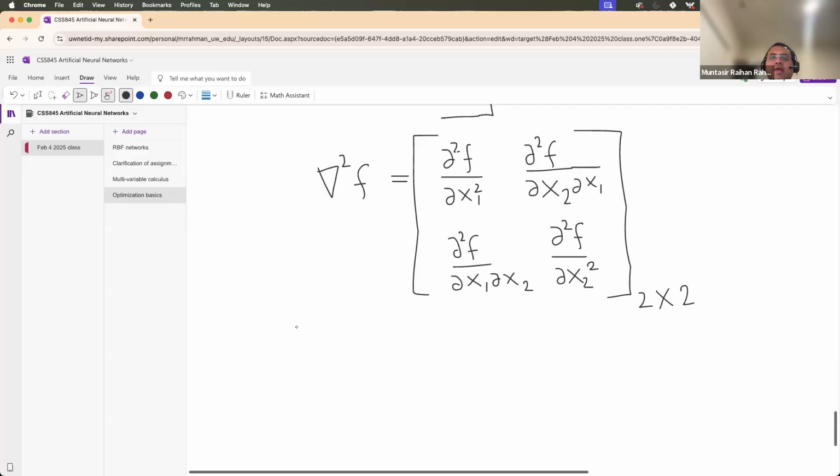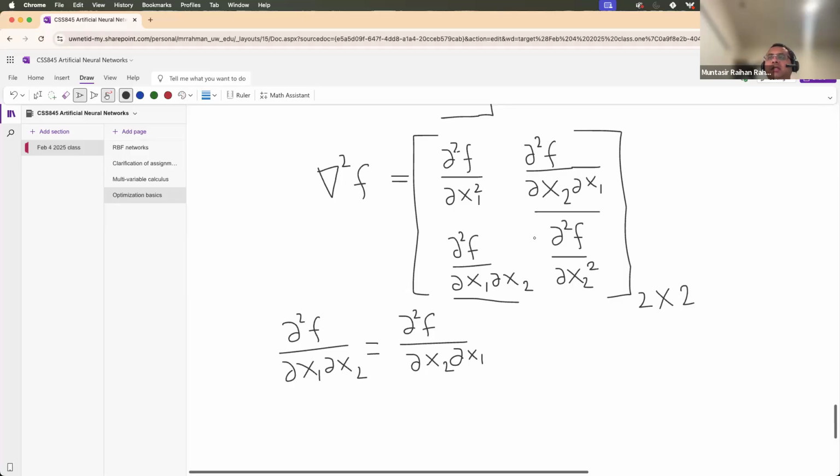The rules of calculus say that if I take the derivative with respect to x1 and x2, this is going to be the same as taking it with respect to x2 and x1, which means that these off-diagonal terms are equal. What does this tell us about this matrix del square f?